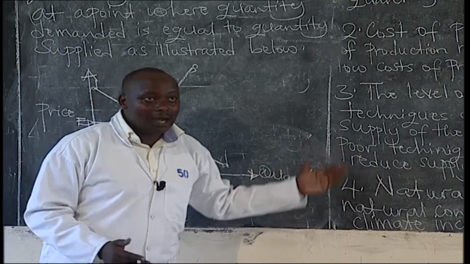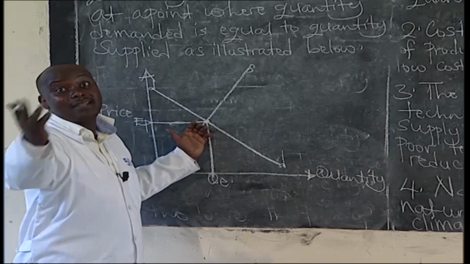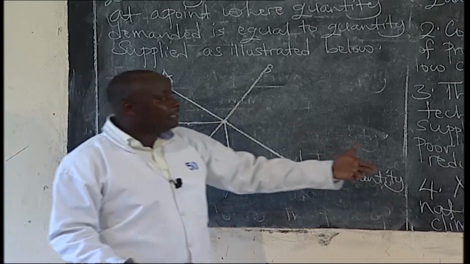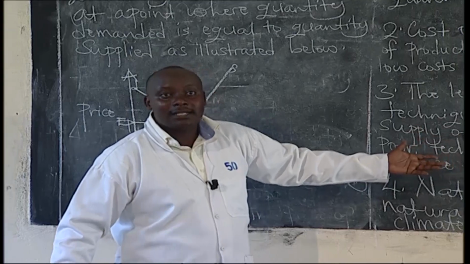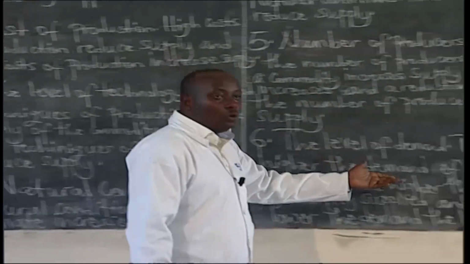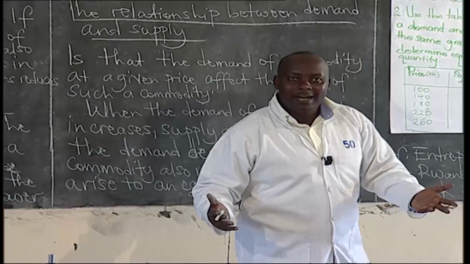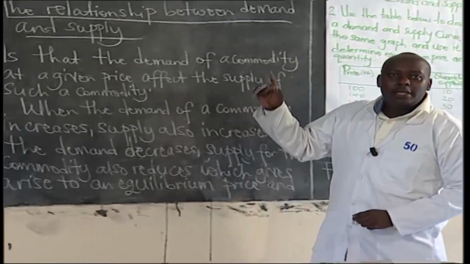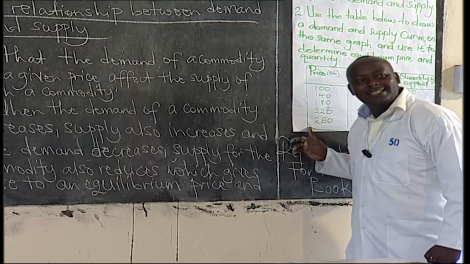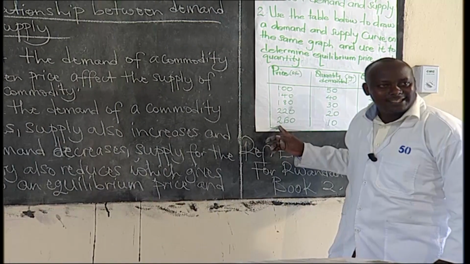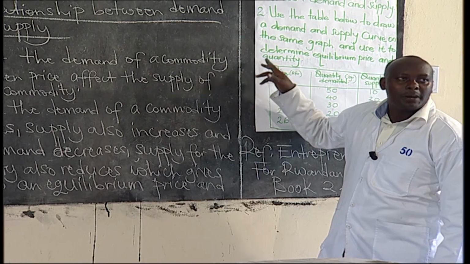Let me expect, learners, that now you can explain the relationship between demand and supply. You can even explain the factors that can affect the supply of a given product, and you're able to illustrate a curve and determine the equilibrium quantity. At the same time, you determine the equilibrium price.